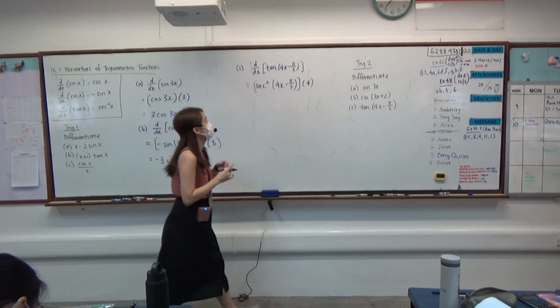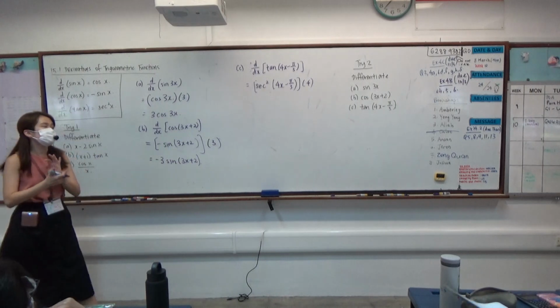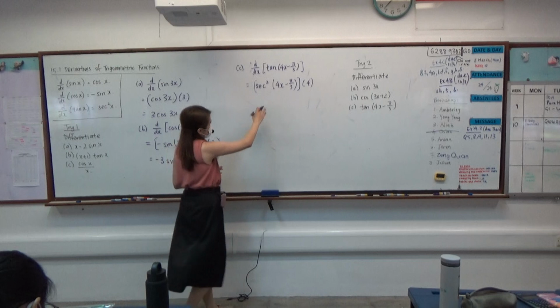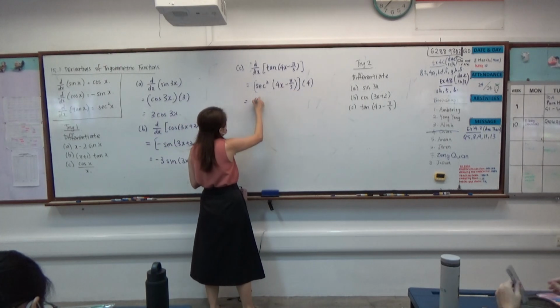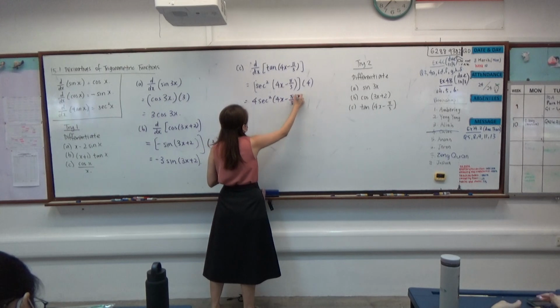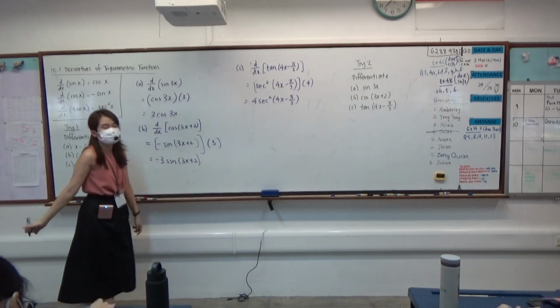That's all? Very good. So differentiate tangent, change to secant squared. Then differentiate the inside, we get a 4 on the outside. By convention, we usually write it in this method.